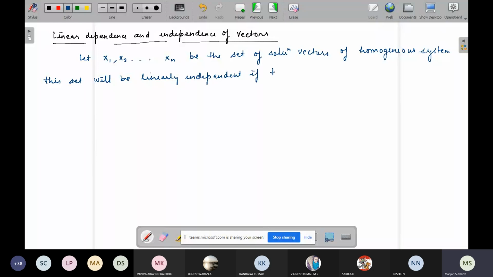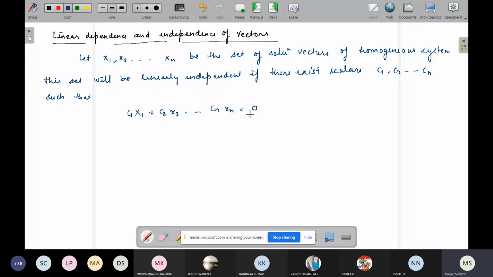if there exist scalars c1, c2 up to cn such that if we take the linear combination of these vectors, how to take the linear combination? c1 with x1, c2 with x2, cn with xn.